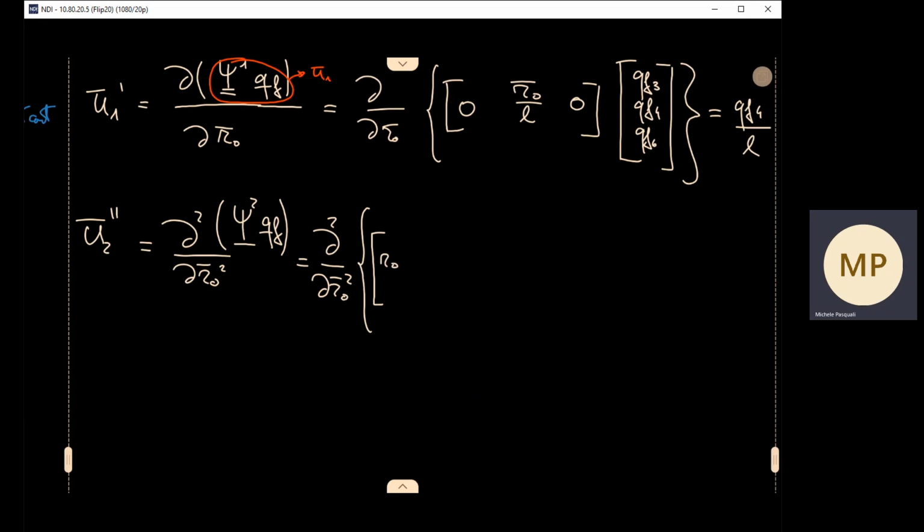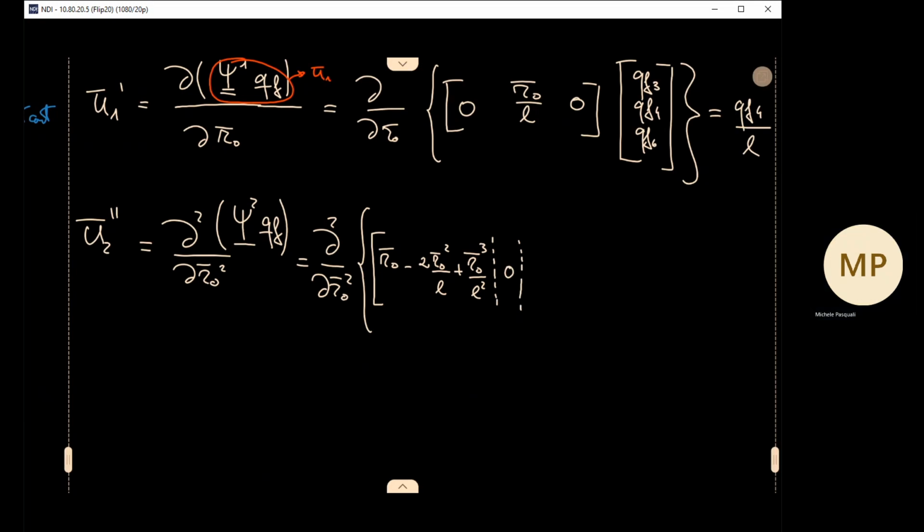This is R0 minus 2 R0 squared divided by L plus R0 to the third divided by L squared. And this is the first column. Then you get 0. And then you get R0 divided by 3 over L squared minus R0 squared divided by L.